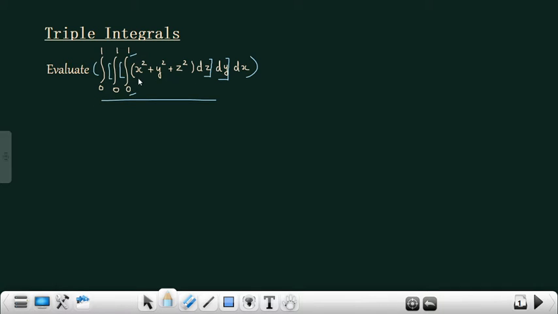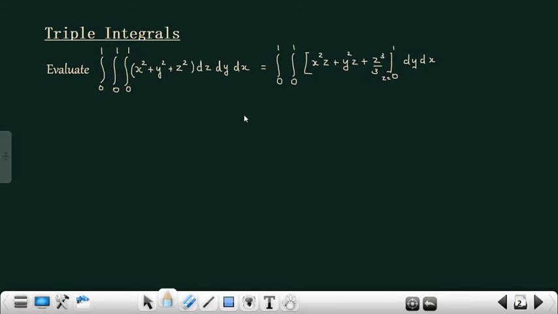When we consider x squared plus y squared plus z squared, integrating with respect to z, we treat x and y as constants. So the integral of x squared becomes x squared z. The integral of y squared is y squared z, plus the integral of z squared, which is z cubed by 3, where z varies between 0 and 1. So this is x squared z plus y squared z plus z cubed by 3, z varying between 0 and 1.